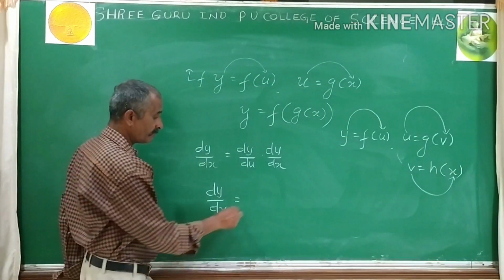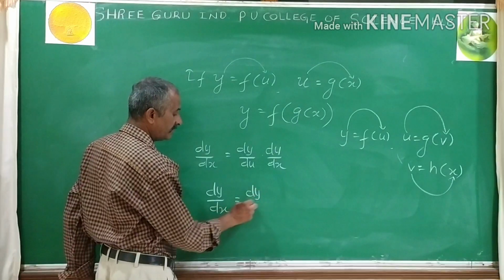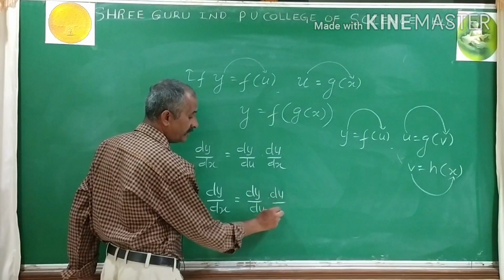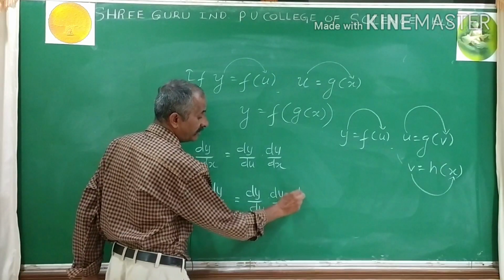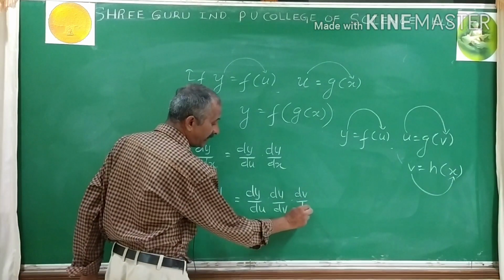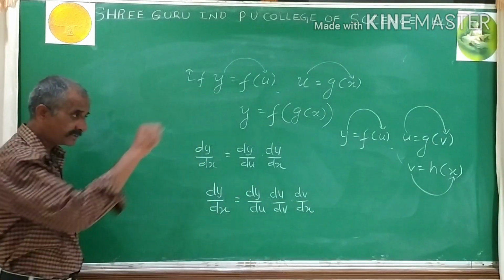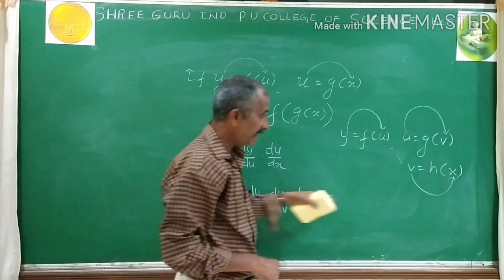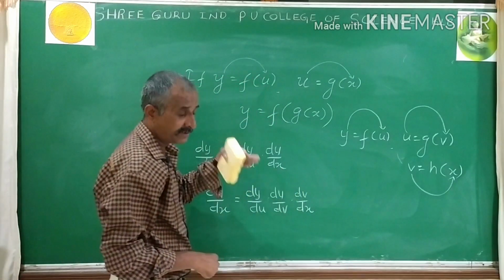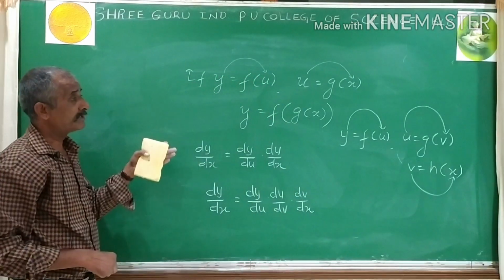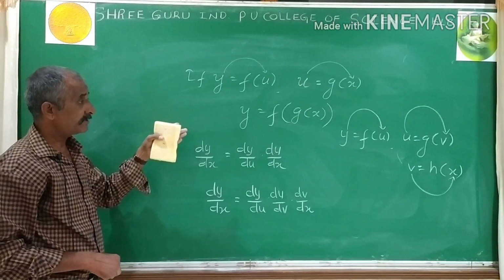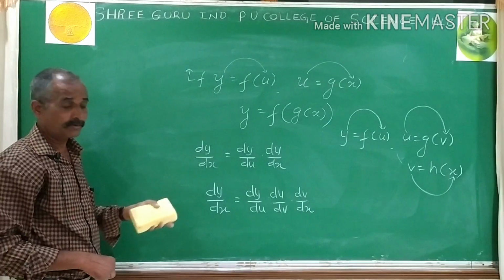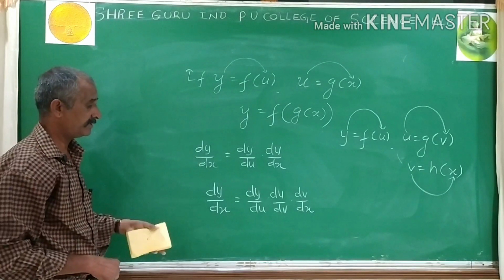Hence it is given by dy by du multiplied by du by dv multiplied by dv by dx. Like this, it can be extended for any number of functions like a chain. As it can be extended like a chain, that's why more generally the differentiation of composite functions is also called the chain rule of derivatives or chain rule of differentiation.